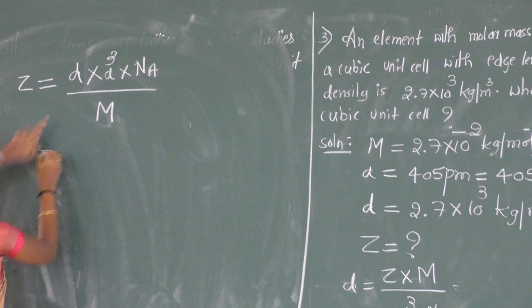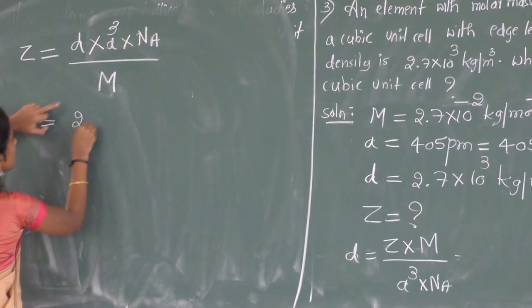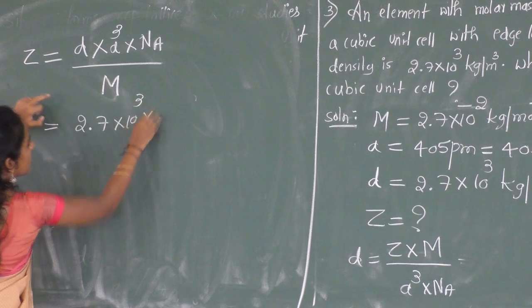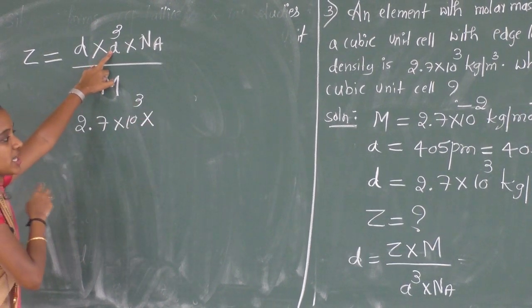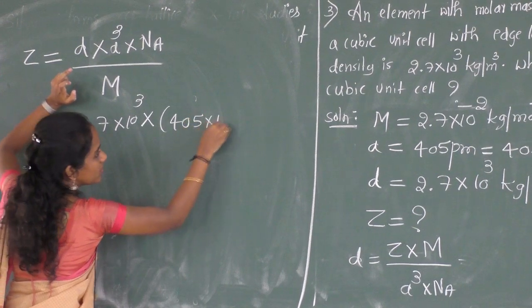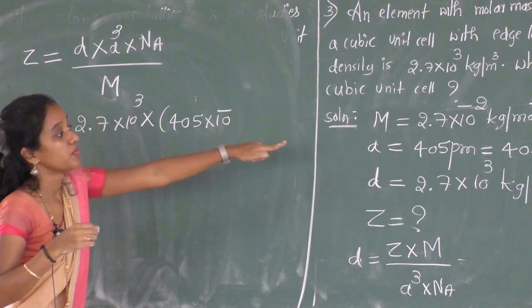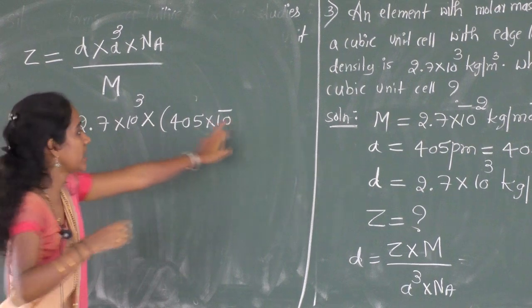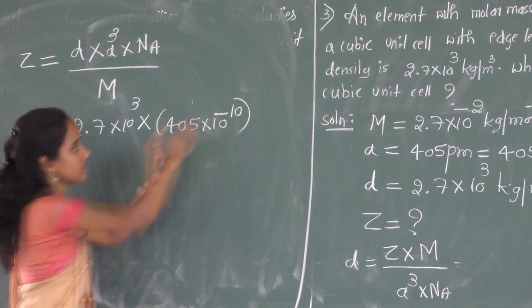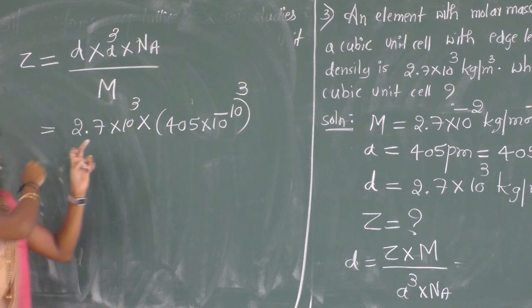Clear? What is the value of density? It is 2.7 into 10 to the power 3. A cube, edge length, it is 405 into 10 to the power minus 12, it is in meters. I have converted it to centimeter. It becomes 10 to the power minus 10 cube. Yes or no?